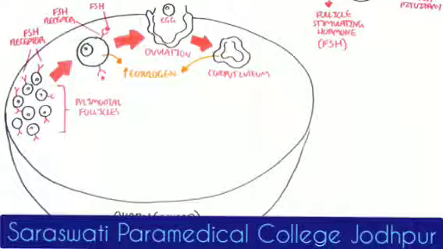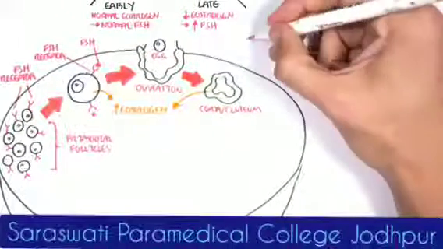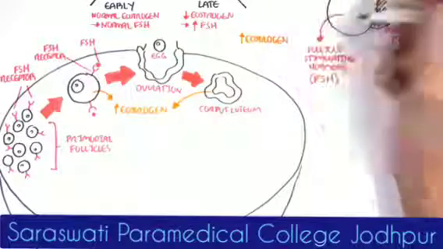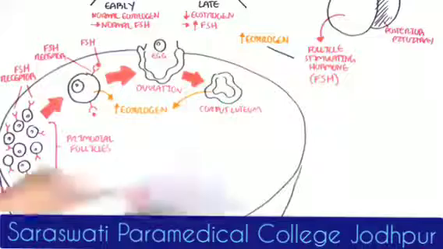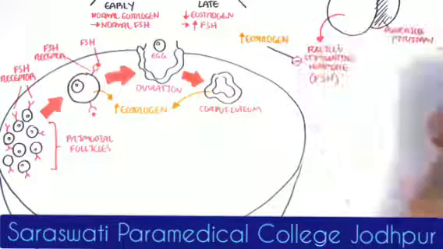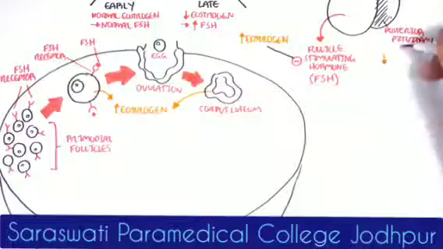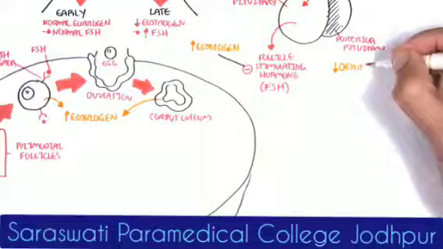Now, an important concept to understand that relates estrogen to follicle stimulating hormone is that when you have an increase in estrogen, when you have high concentrations of estrogen in the blood, they will inhibit the release of follicle stimulating hormone because you already have high amounts of estrogen.